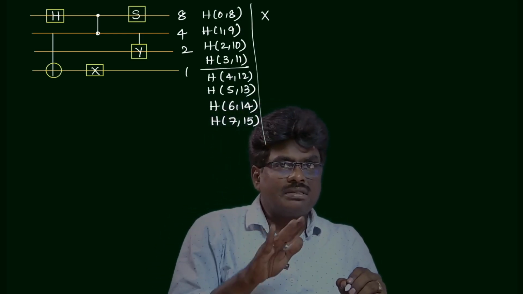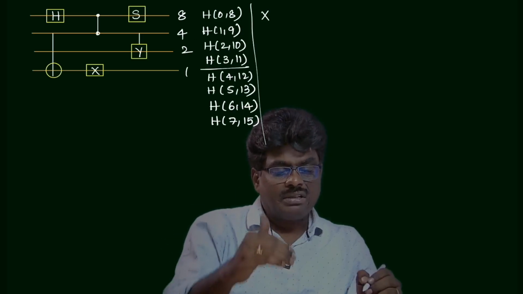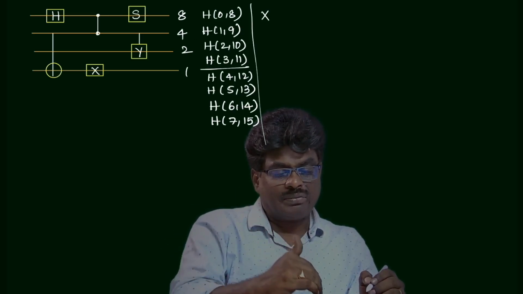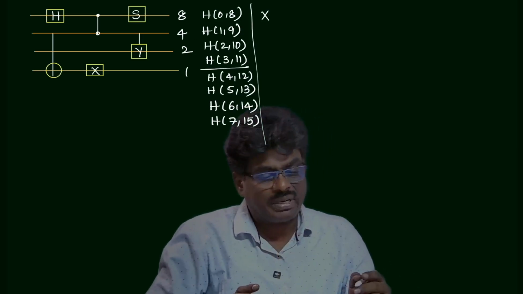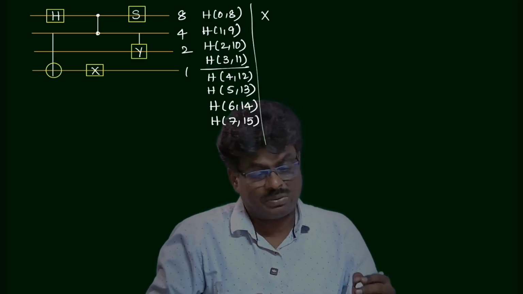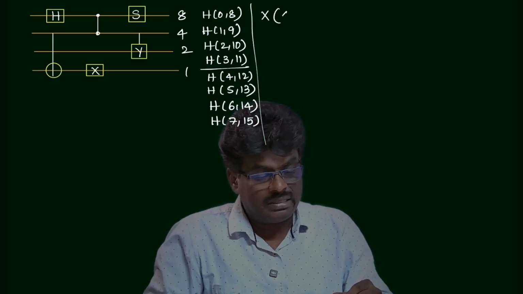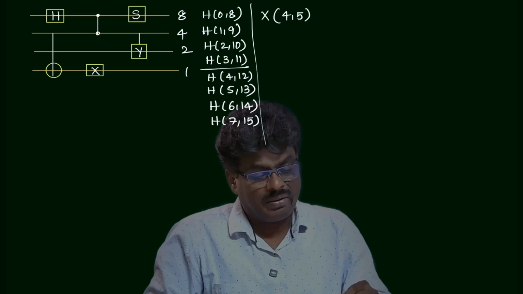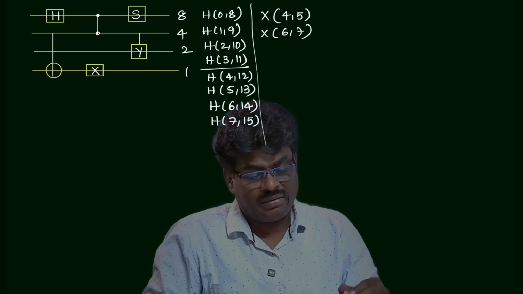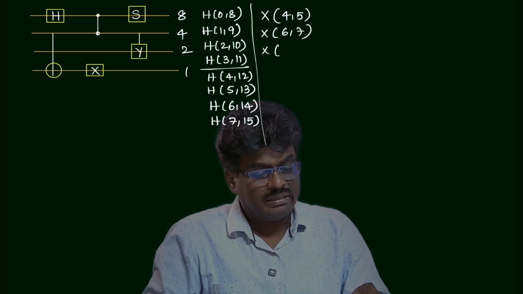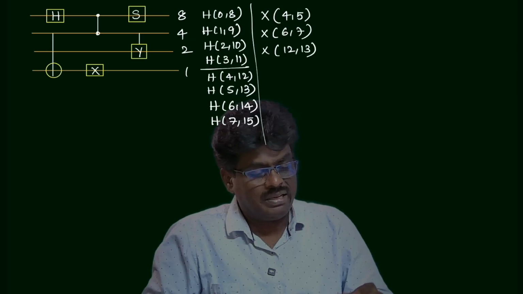Next after that we have X. The advantage of taking that Hadamard operation first is that if you find 0 1 2 3 4 5 6 7, you need not write again, you simply change the negative and positive signs. X gate, that is 4 comma 5, and after that adding 2, 6 comma 7, now adding 8, that is 12 comma 13, 14 comma 15.